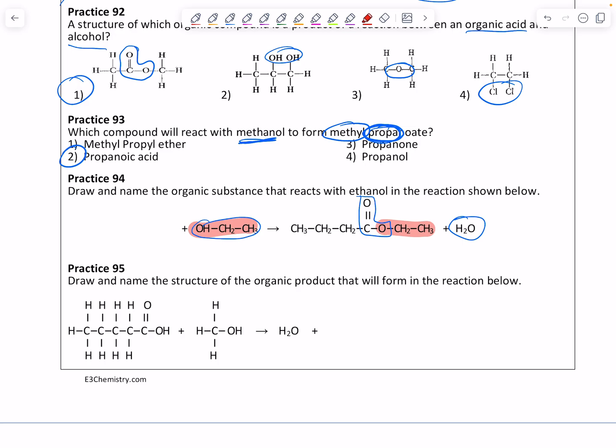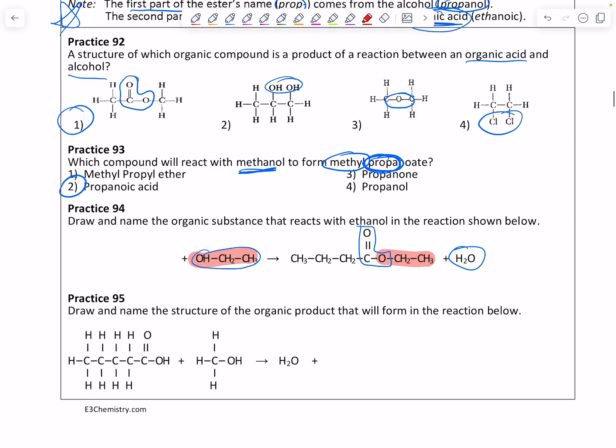Remember, the hydrogen and the OH, the hydroxyl group, is what's going to come off to help form the water. So our ethyl over here comes from that alcohol.